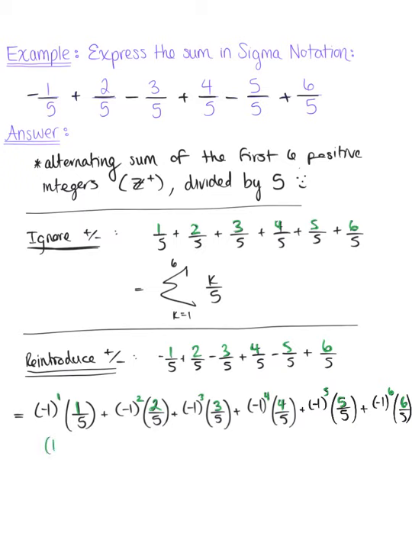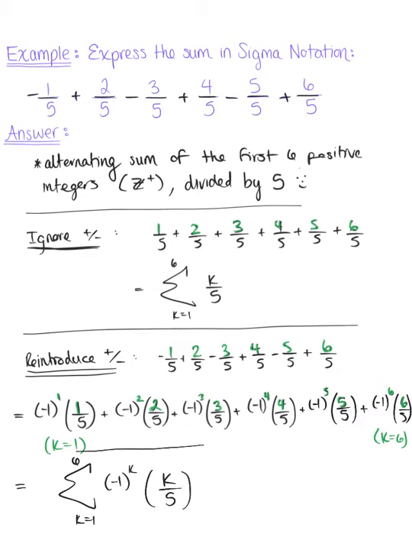And this is from where k is 1 to k is 6. So we can rewrite this in its compact sigma notation. We have the sum from k is 1 to 6 of negative 1 to the k multiplied by k divided by 5. And so again, this is just one of many possible answers here.